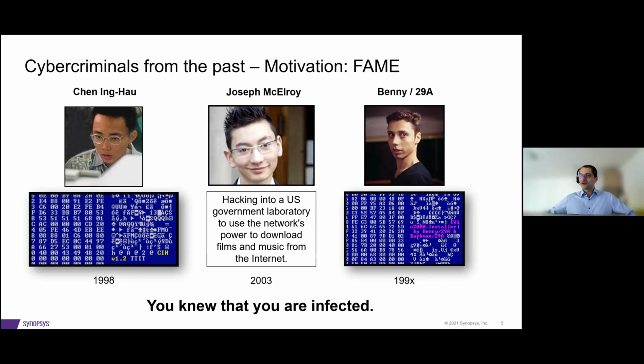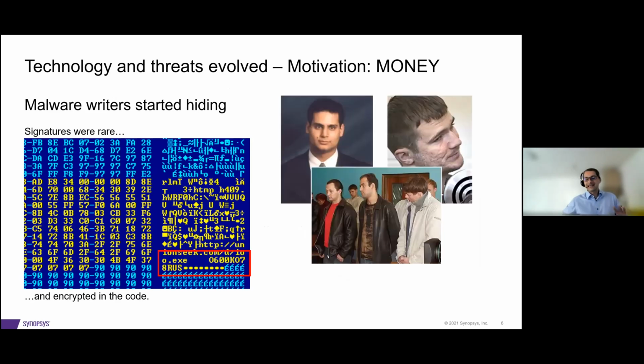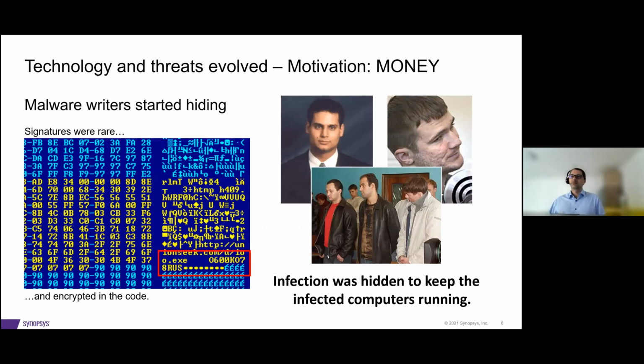However, as our technology evolved, as everybody started to own a home computer more and more, as internet connection was more and more normal to have in your house, also the motivation for malware writers changed. They changed from this visible in-your-face point of view into hidden criminal-like behavior, right?